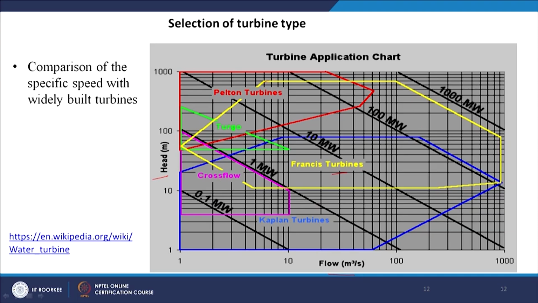This is the zone where we can recommend Francis turbines. This blue zone is where we can go for Kaplan turbines, this is the zone for Pelton turbines, and this is the zone for Turgo turbines. These are the informations which help us to select a turbine type for our particular application.